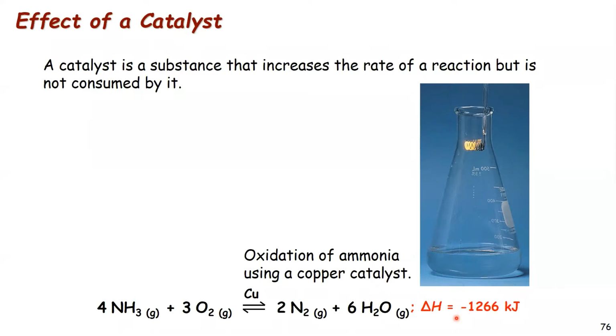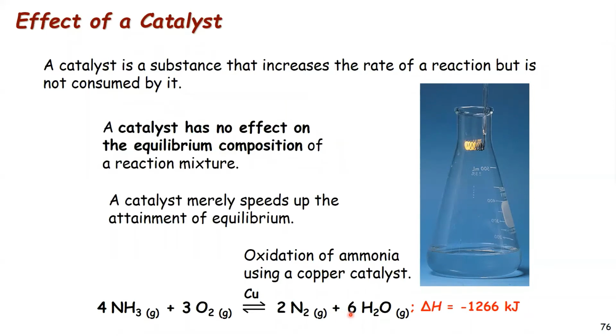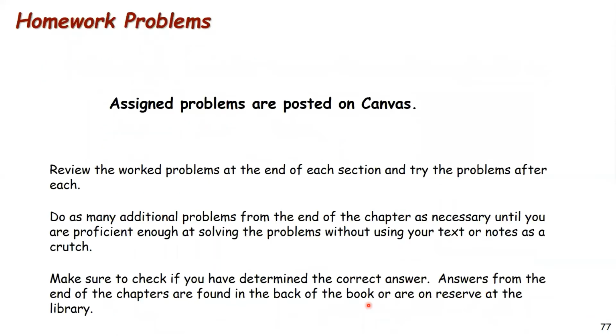But again, the catalyst doesn't create more product. It just gets us to equilibrium quicker. That is it. So again, it's not going to affect the equilibrium concentration. It's just going to get us to equilibrium faster. Okay, any questions about that? Okay, that is it for this chapter.